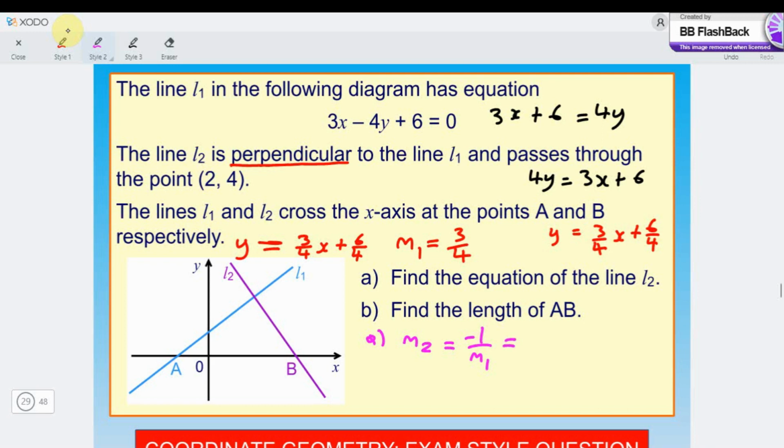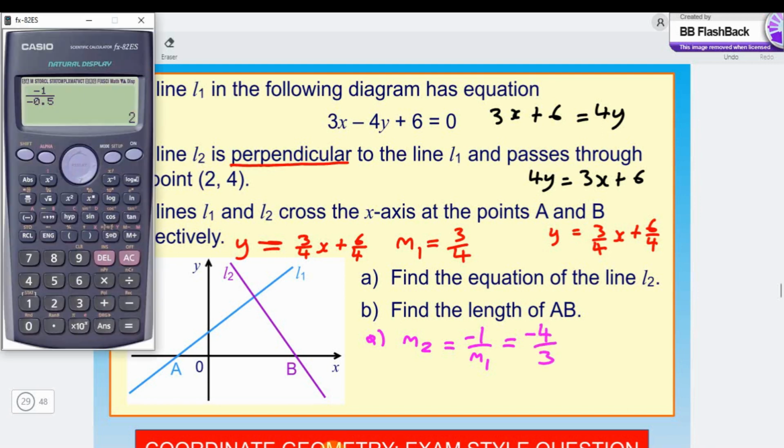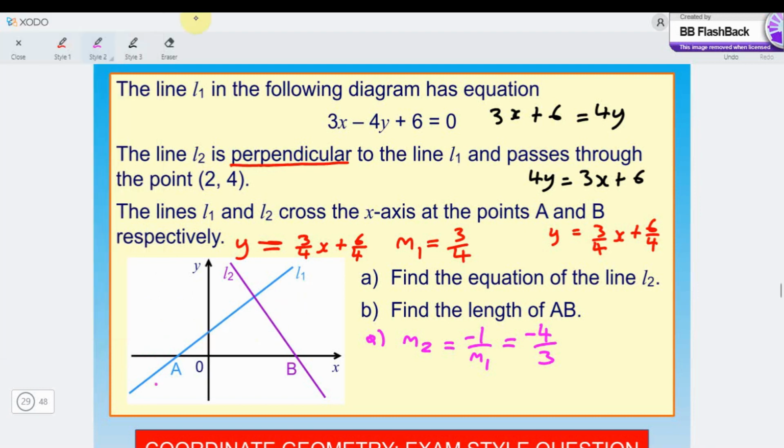So the gradient of the second line is going to be negative 4 over 3. Let me show you in the calculator: 3/4 multiplied by negative 4 over 3 gives you negative 1. So L2 has gradient negative 4 over 3.